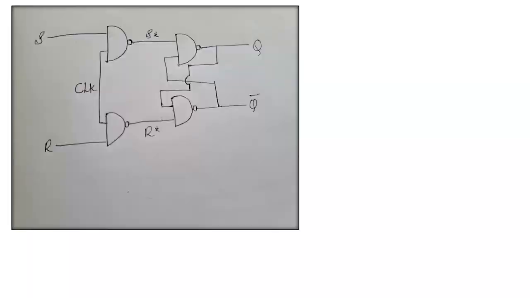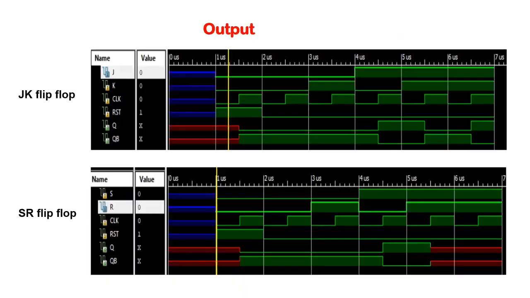Notice the output for the JK flip-flop and SR flip-flop. When the J value is given as 0, K value 0, clock 0 and reset value 1, Q and Q bar will be invalid. You came to know it using the characteristic table and truth table.